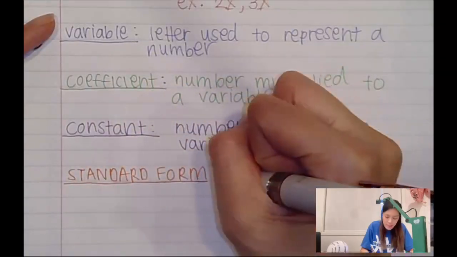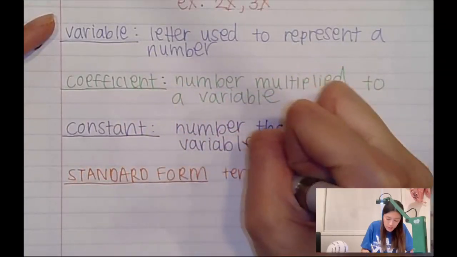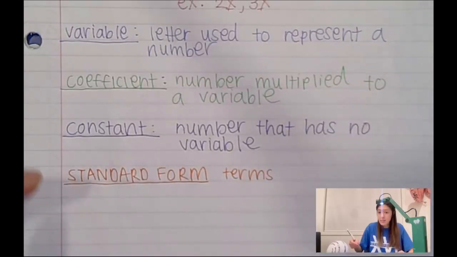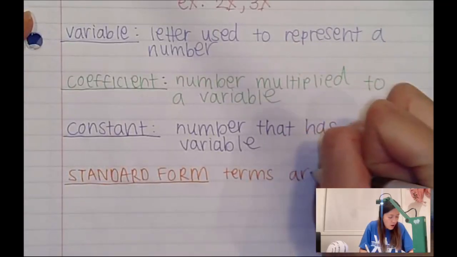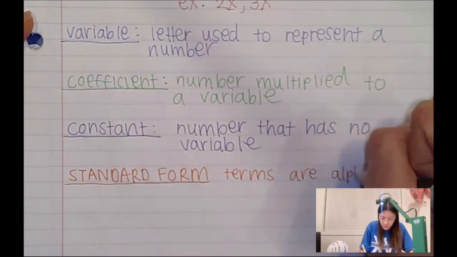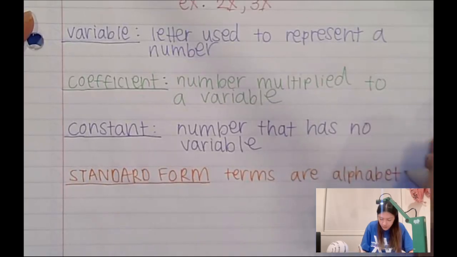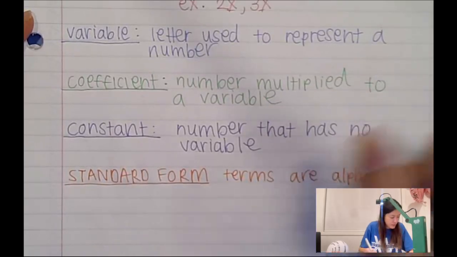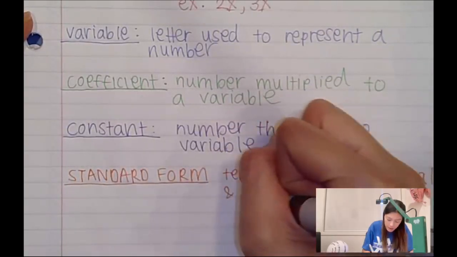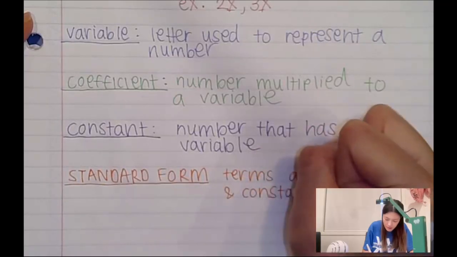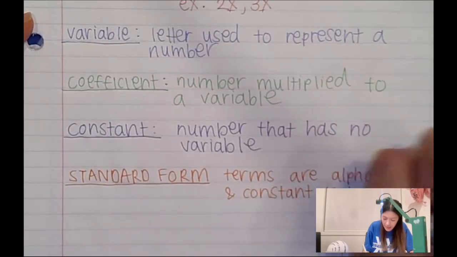So when something is in standard form, the terms, the pieces connected by those operations, are alphabetical, and the constant is last.